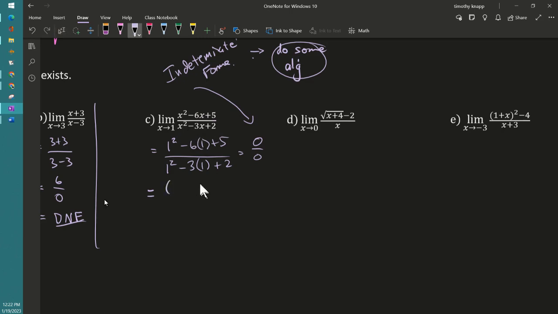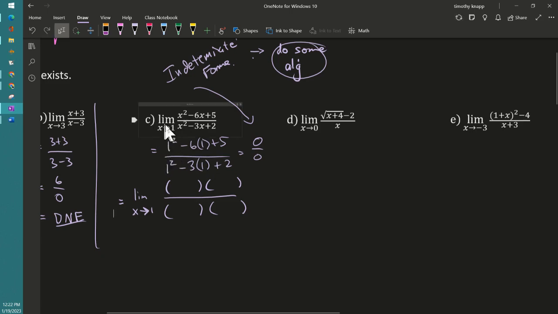So if I factor the numerator and I factor the denominator, oh, I don't want to get rid of my limit here. This is still the limit as x approaches 1, okay? Notice before I got rid of the word limit as x approaches 1. Why? Because I made x approach 1. As soon as you make x approach 1, you don't write the limit anymore.